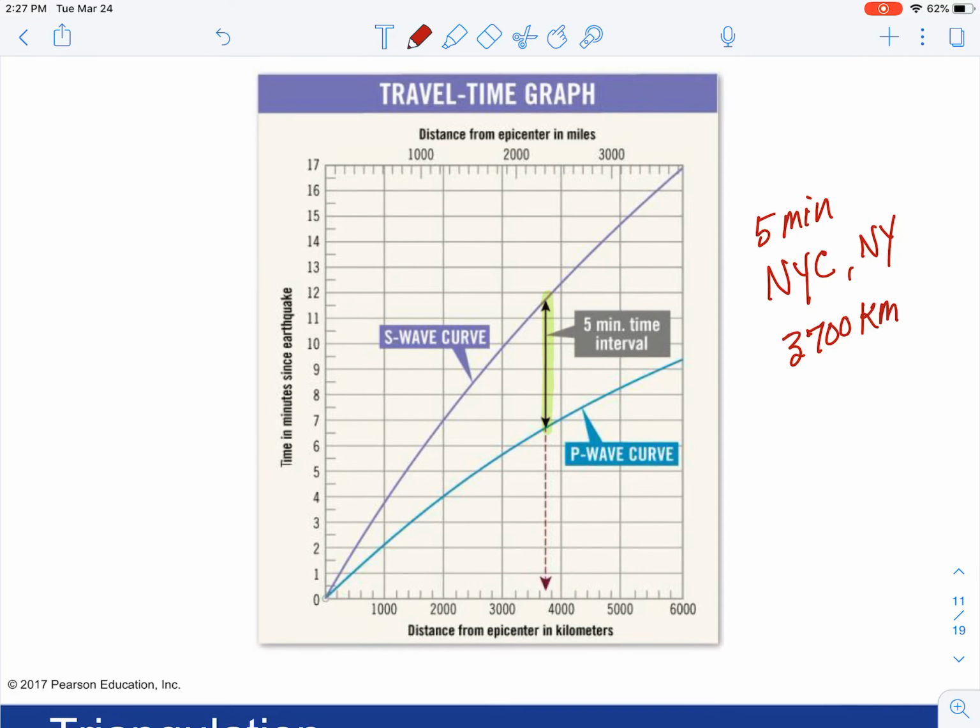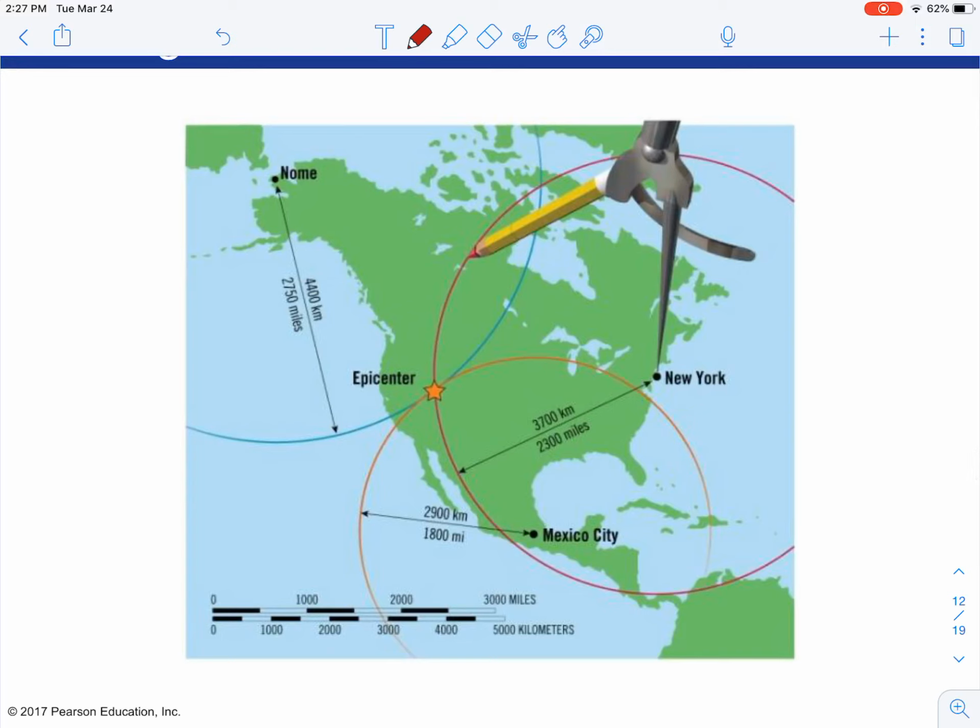Okay? So then what we would need to do is use a map to then triangulate the position of the earthquake. Now, I realize that you guys don't have compasses to do this at home, so you're just going to have to bear with me.